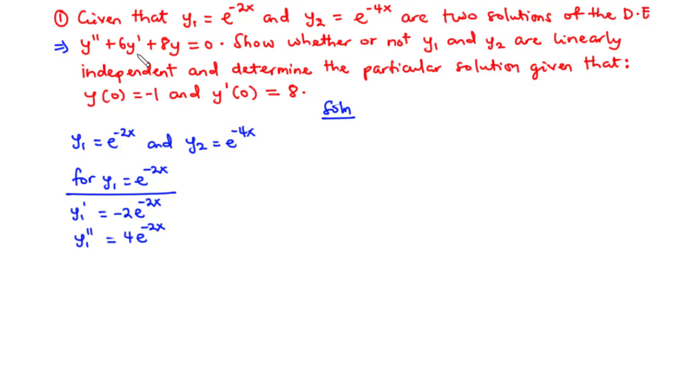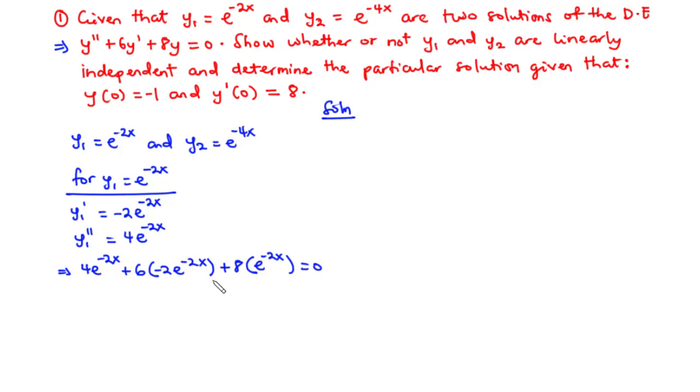So calling on the differential equation, we have y prime prime, which is 4 e to the power negative 2x, plus 6 times y prime, which is negative 2 e to the power negative 2x, plus 8 times y, which is e to the power negative 2x, equals 0.